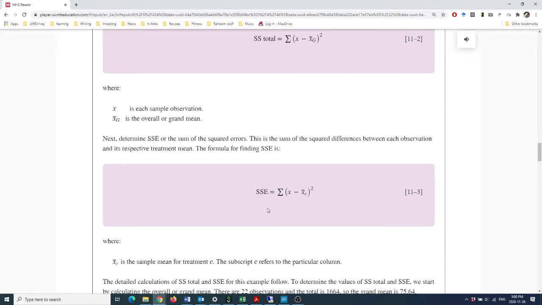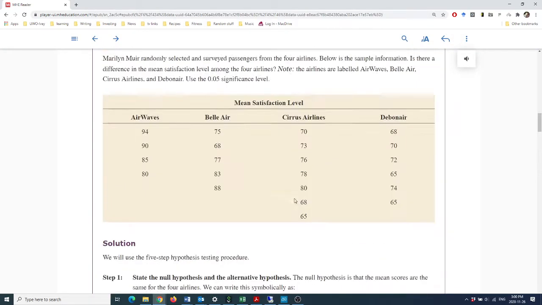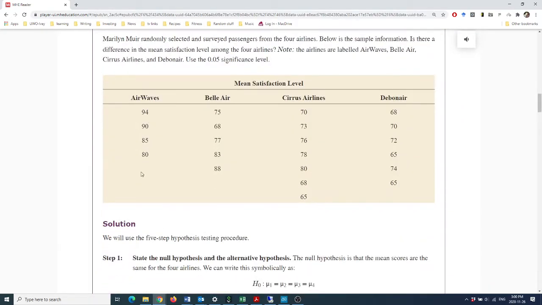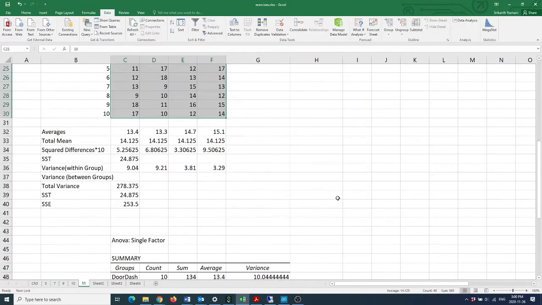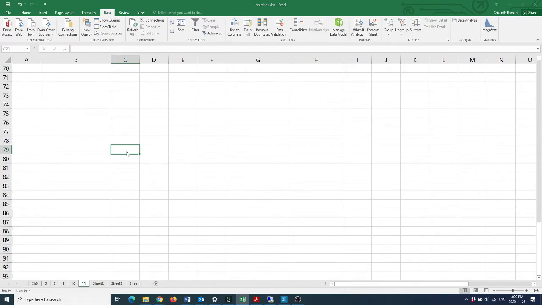And the sum of squared errors within each group is, let's take the average for these 4 observations. Let's look at the values: 94, 90, 85, and 80.